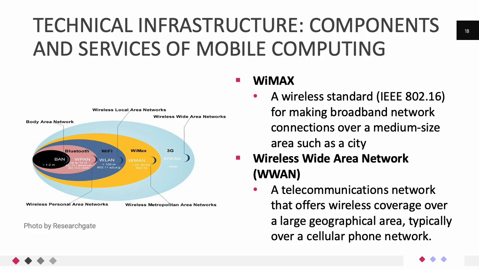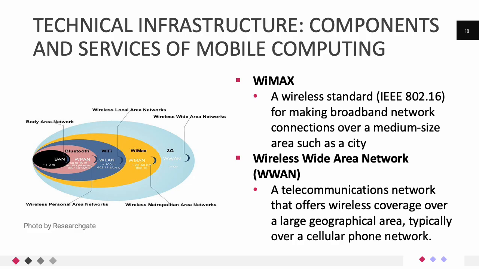Next, we have WWAN, okay, Wireless Wide Area Network. This is what keeps you connected everywhere via your smartphones. When you use 4G or 5G mobile data outside the Wi-Fi zones, you're using WWAN.